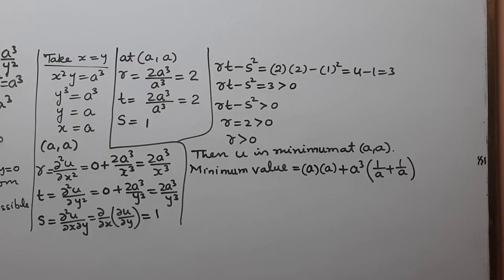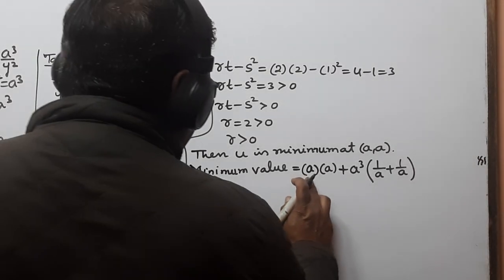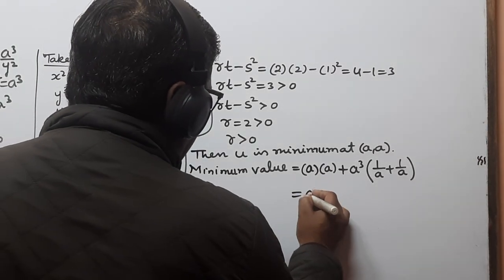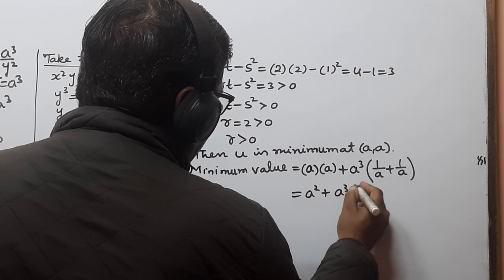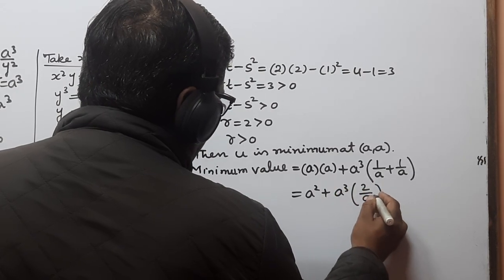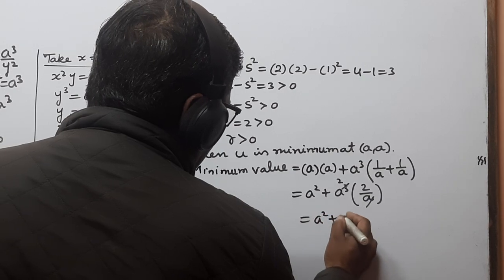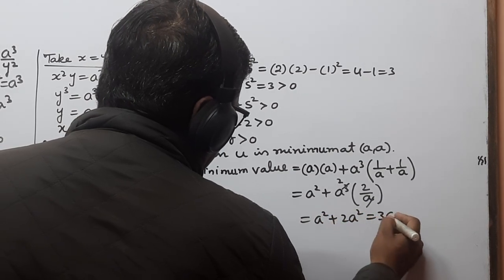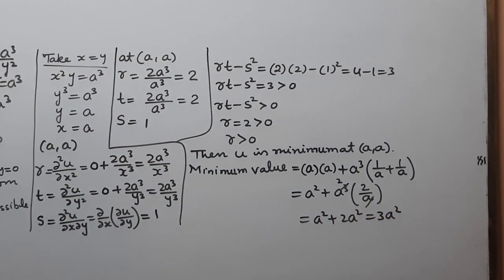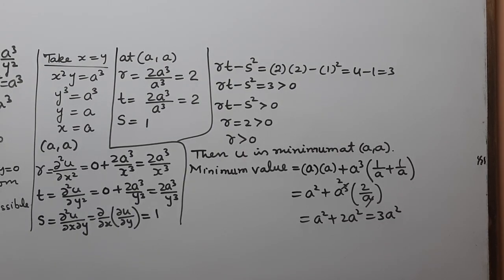In place of x and y, we put a. So we get a square, and here you can see that this is 2 by a, so this a is cancelled out, leaving 2a square. So a square plus 2a square is 3a square. So the minimum value of u is 3a square.